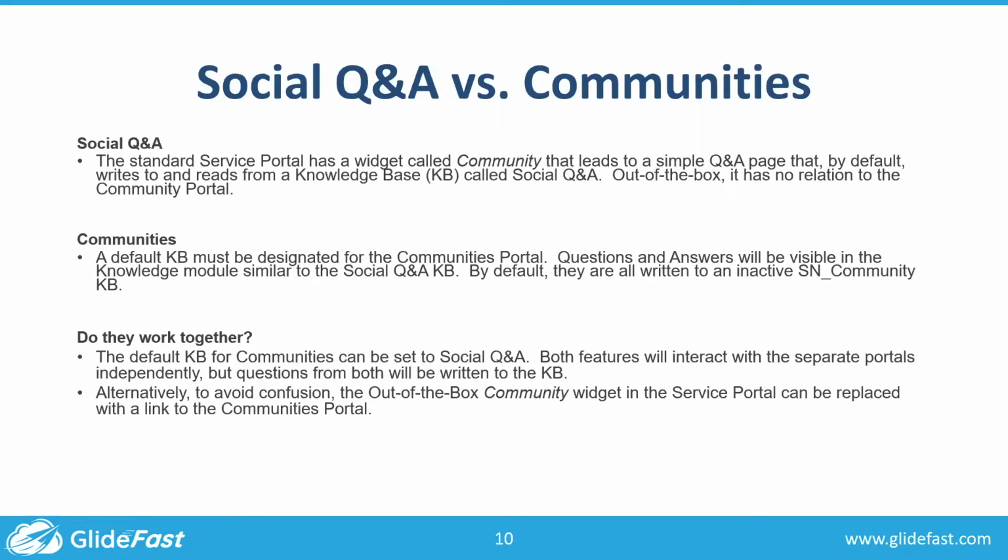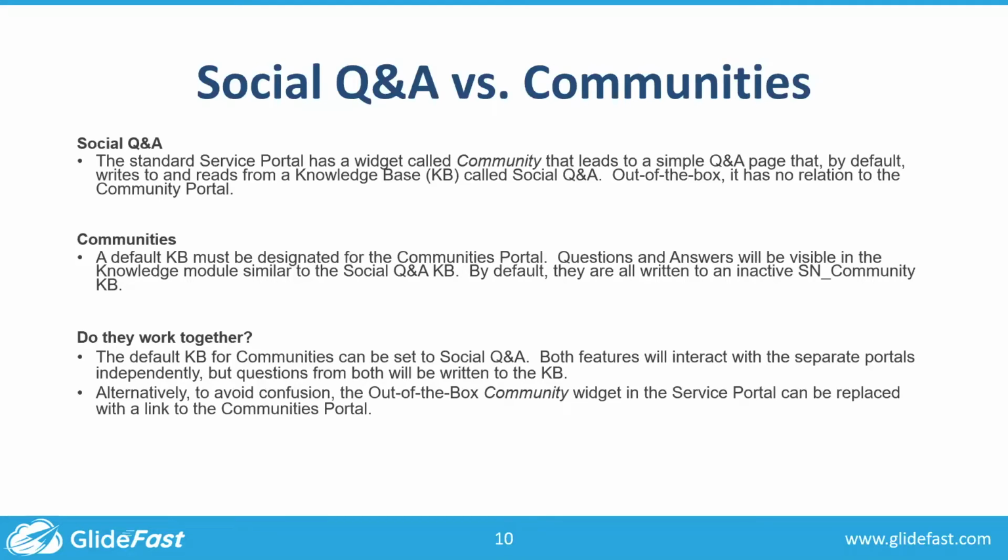And this is only for the question and answer side of things. So there's really a couple different ways that you could address the kind of distinct natures of those tools. Either you could designate social Q&A or some shared knowledge base for both, and then both portals will pull those questions out and display them differently.